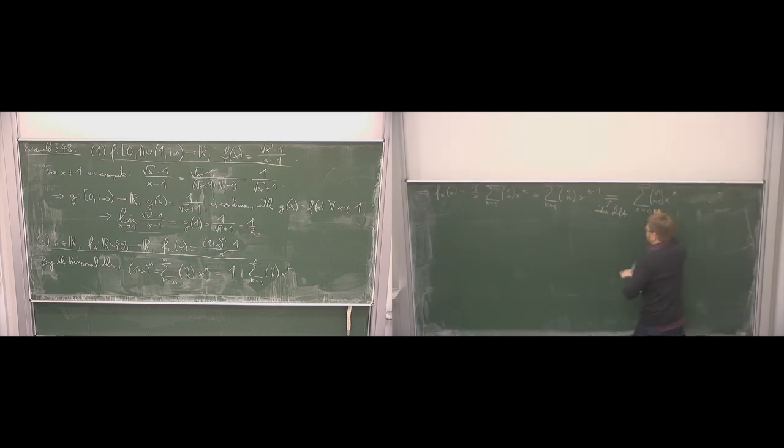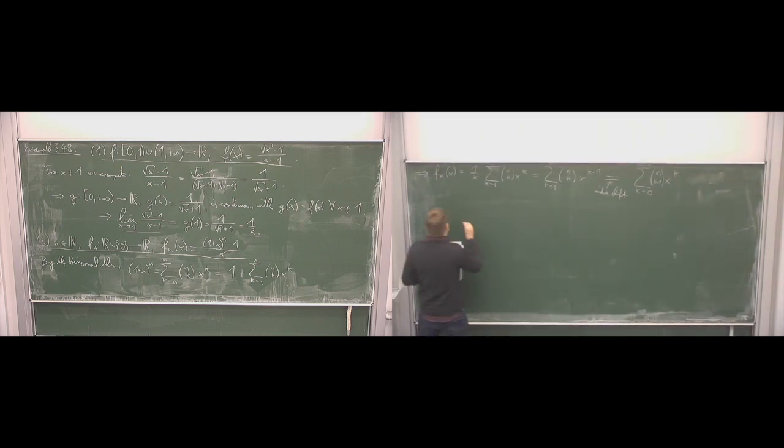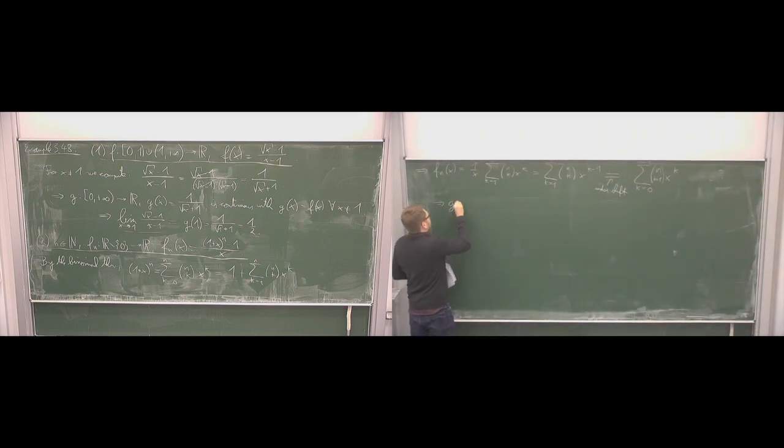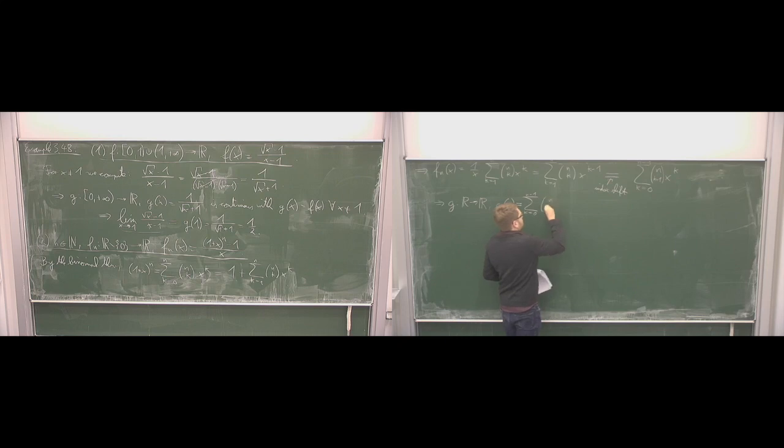This expression holds. And now we can define the polynomial on R. So g, which is now mapped from R to R, is just this polynomial expression. g of x is the sum from 0 to n minus 1 of n over k plus 1 times x to the power of k, which is a polynomial.